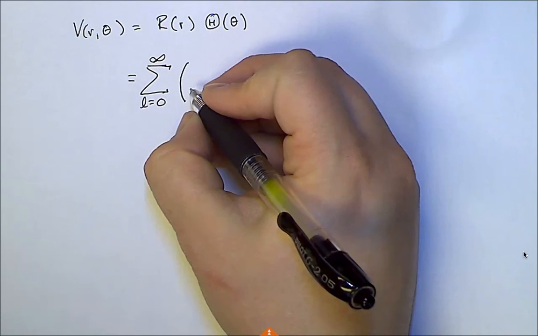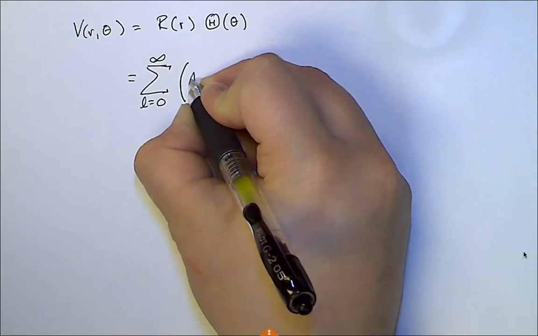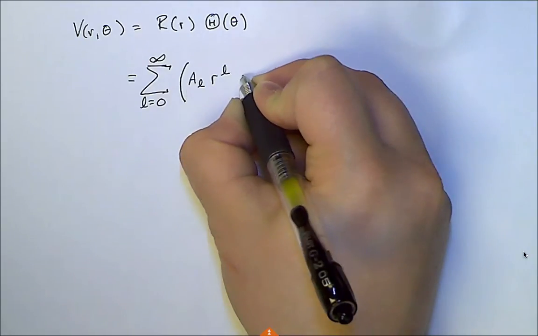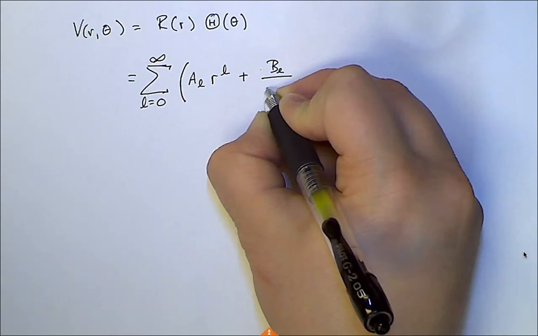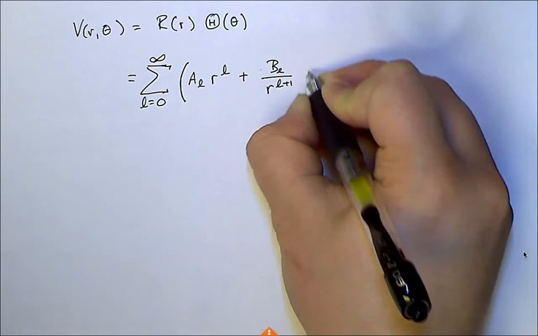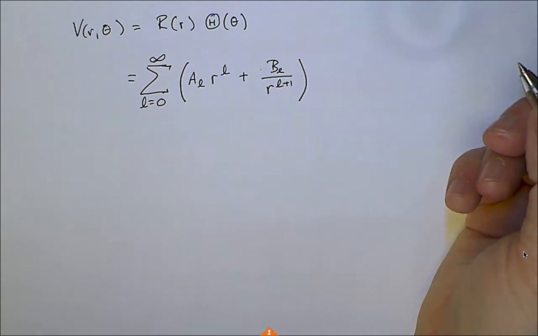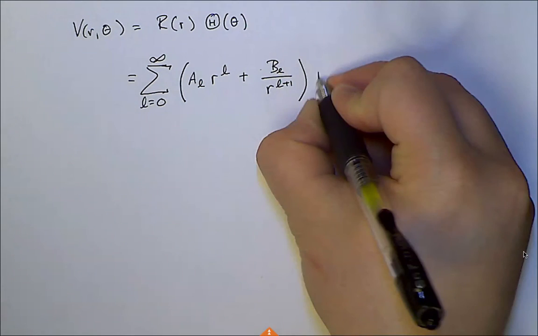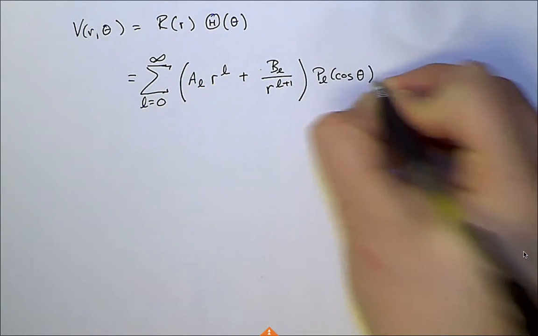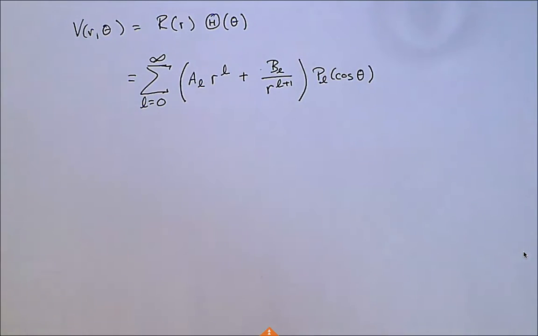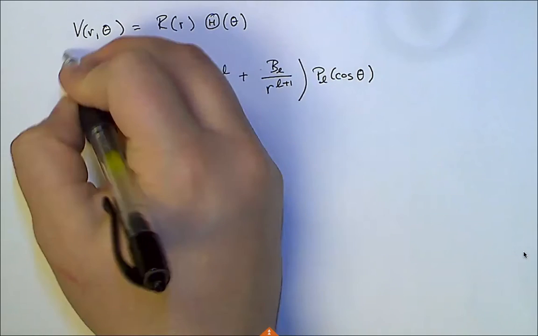First, our solution for the radial equation, which was A sub L r to the L plus B sub L r to the minus (L plus 1). A and B, remember, are just constants that depend on your initial conditions. Times P sub L, which is a function of cosine theta. And this is your general form for the potential.